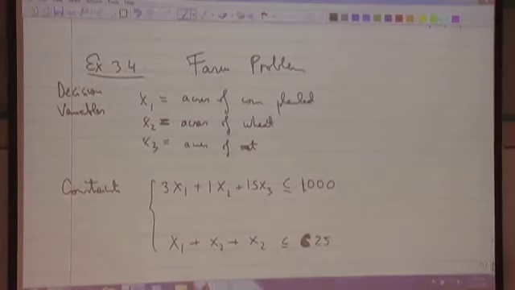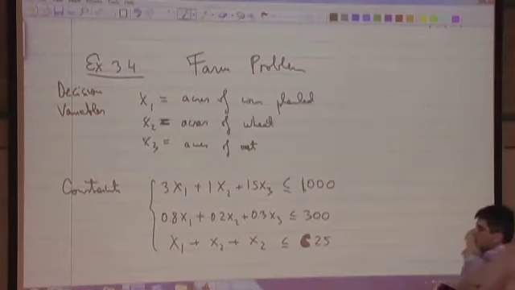Farmers will be available to devote 300 hours of labor per week. So it's safe to say it's time per week. So 0.8 x1 plus 0.2 x2 plus 0.3 x3, at most 300. Okay?